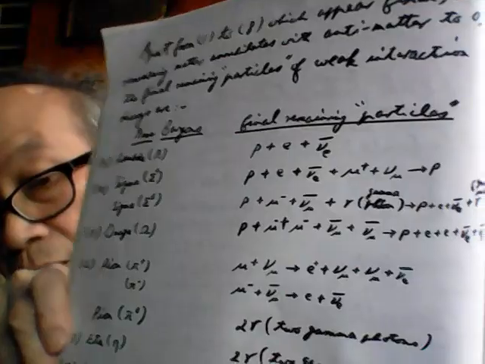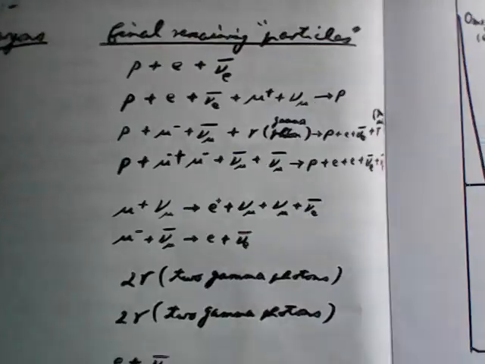You can see from this list here, they are all just proton, positron or electron, and a mu neutrino or anti-mu neutrino or electron neutrino, or anti-electron neutrino, and a gamma ray photon.